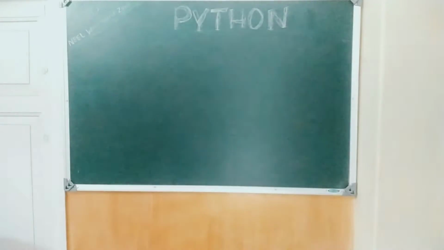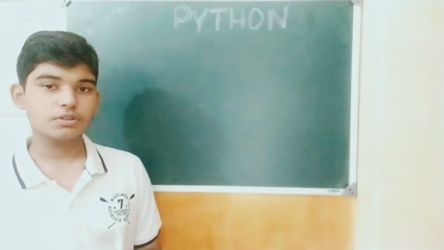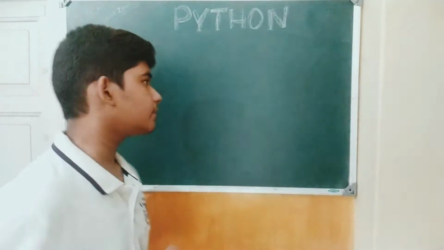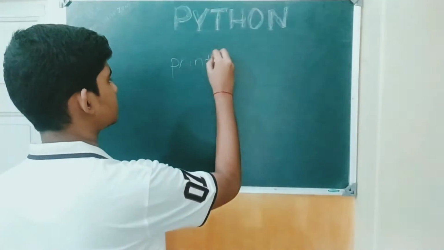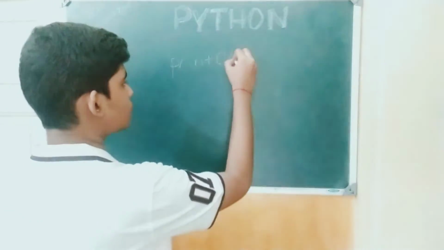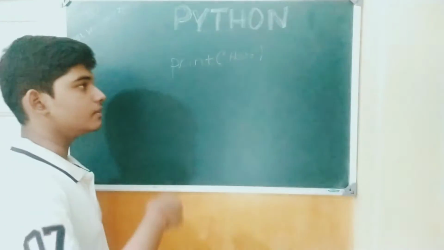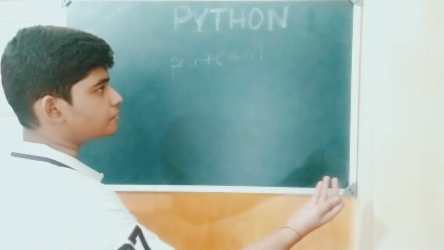So what is a function? A function is a block of code which only runs when it's called. For example, we all use print, like print hello. When you type this and execute the code, it just prints hello.